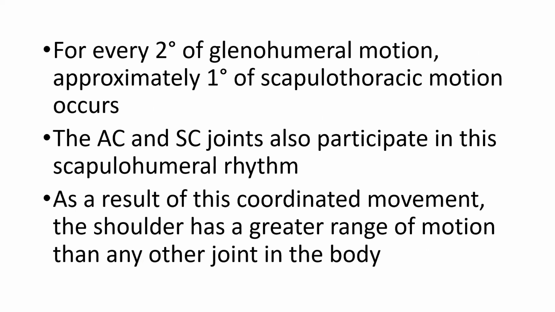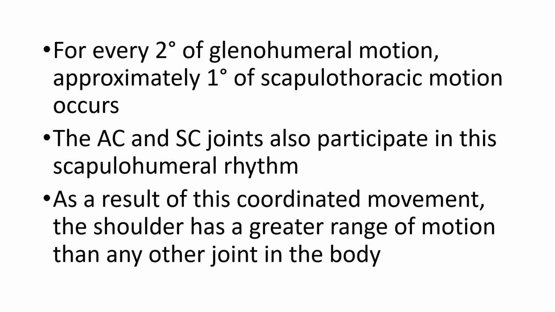This is something very important that you should remember. For every 2 degrees of glenohumeral motion, approximately 1 degree of scapulothoracic motion occurs. Don't forget this. This is a question we ask.